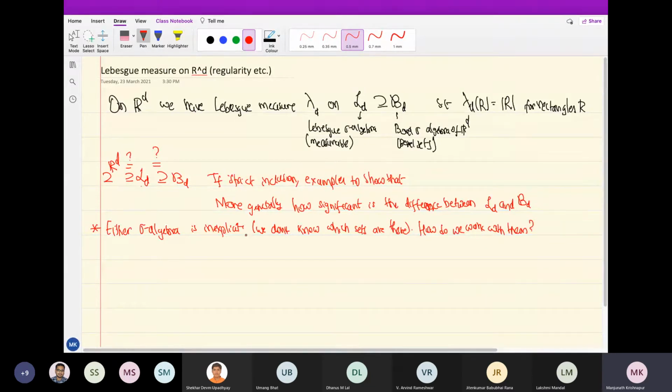So here the question comes. Here comes approximation or other relations between measurable or Borel sets and rectangles.